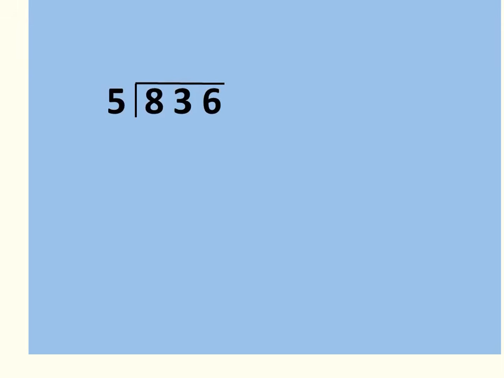Let's try another one. This one is 836 divided by 5. So 5 times what number gets me close to 8? That number is 1. 5 times 1 is 5. I subtract, leaving me with 3. I bring down the 3. Now 5 times what number up top gets me close to 33 without going over?